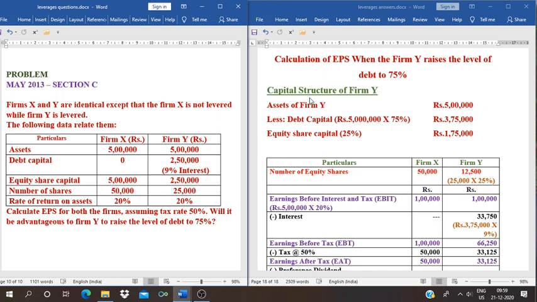Okay, so we are calculating capital structure of firm Y. What is the asset of the firm Y, or we can take what is the total capital.